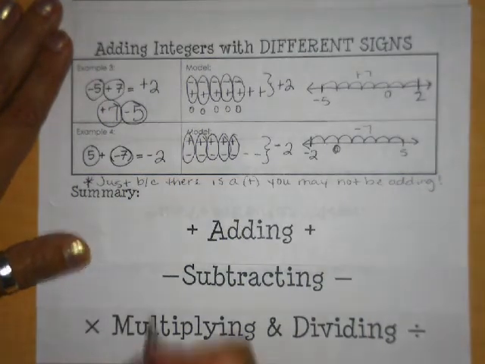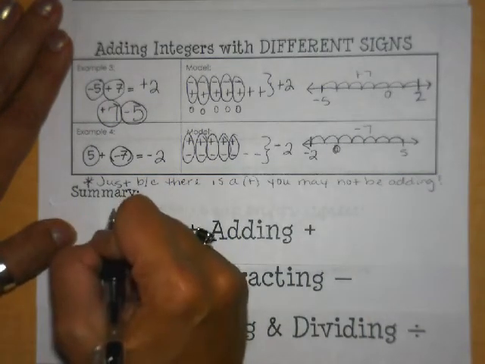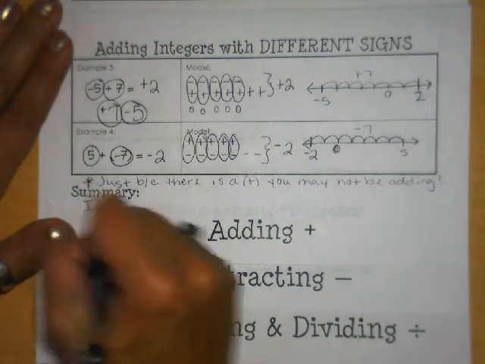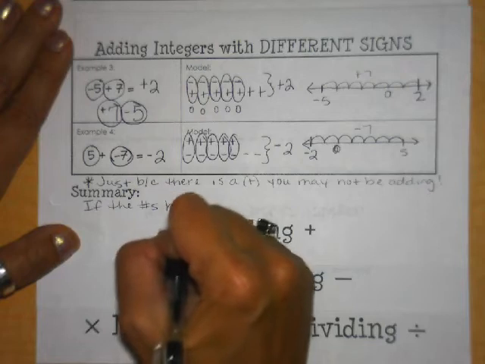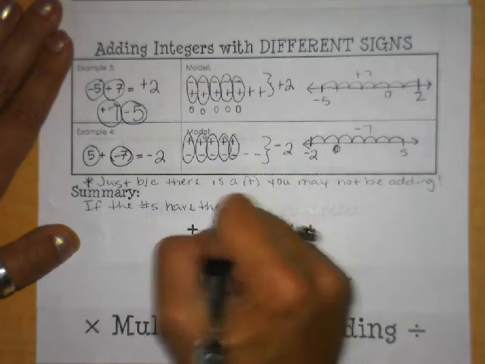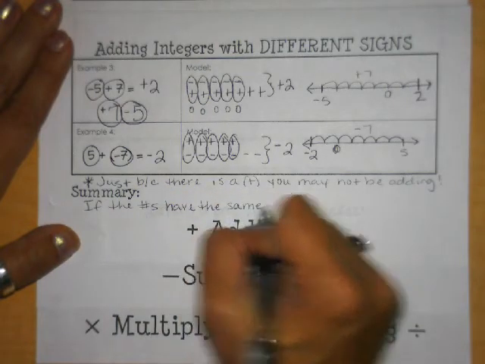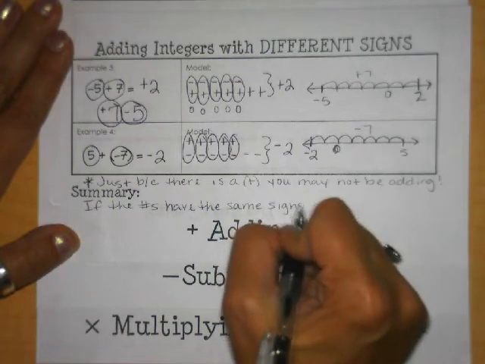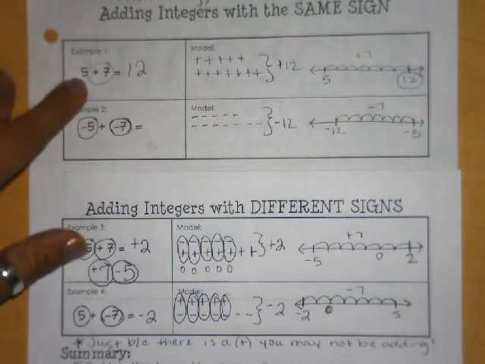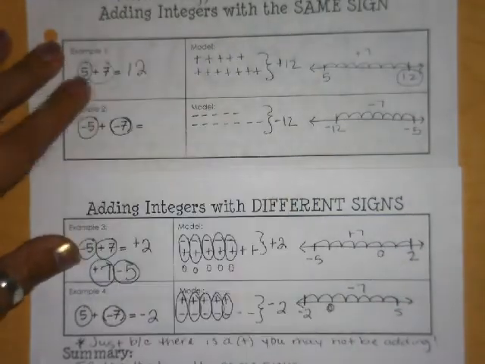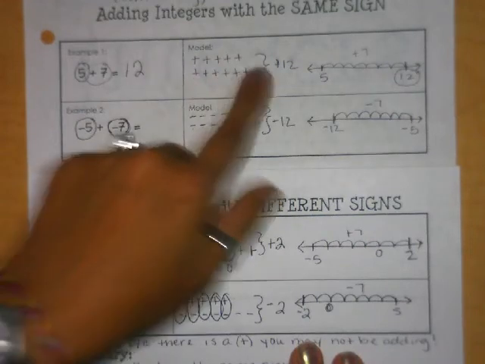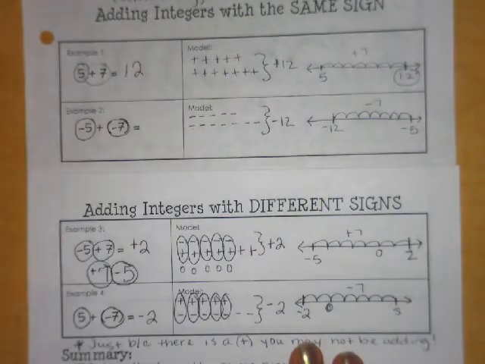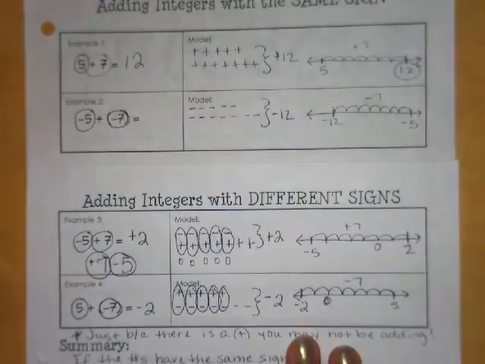So in summary, we can say, if the numbers have the same sign, so for example, like here up at the top, these were both positive numbers. These are both negative numbers. So we just added how many there were, and we put the sign from our numbers in front of it.